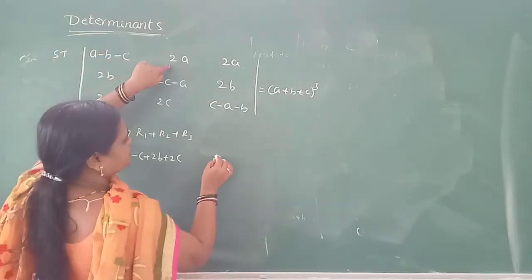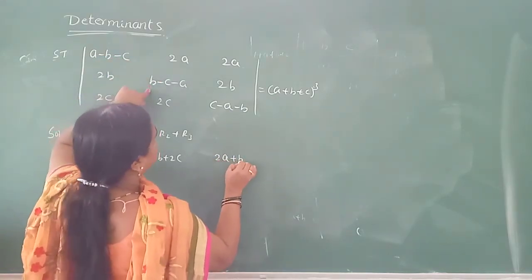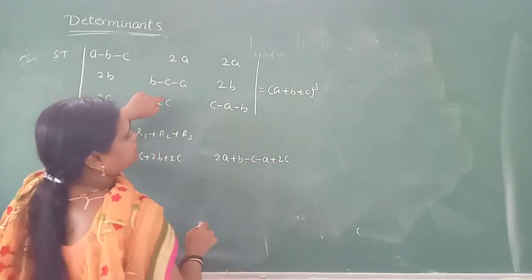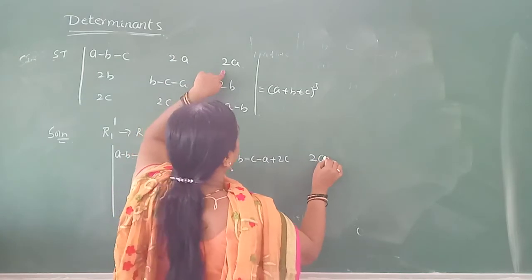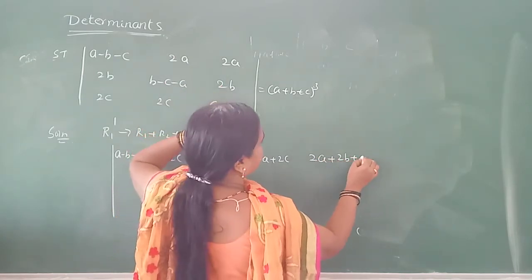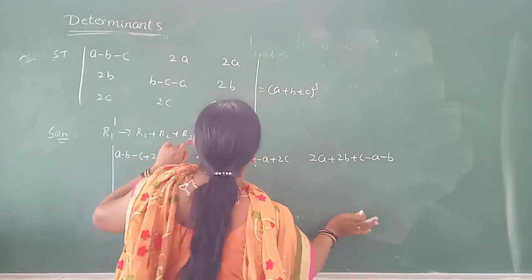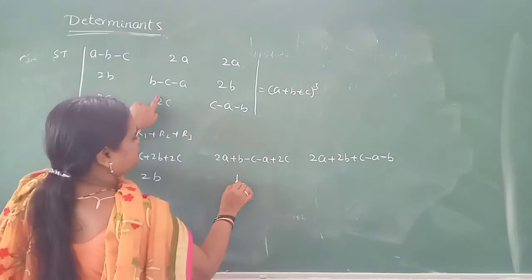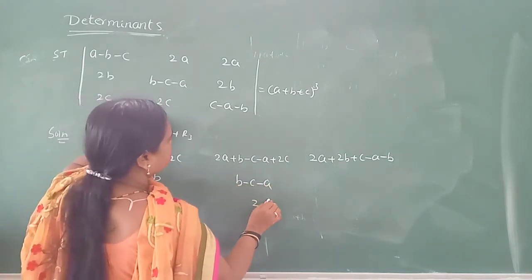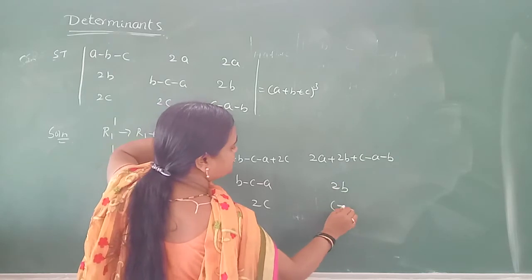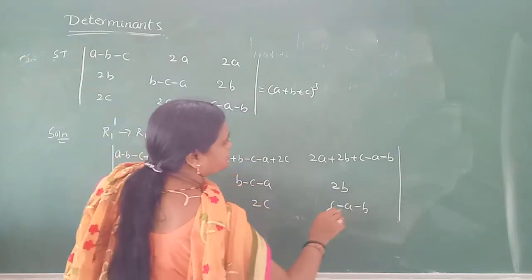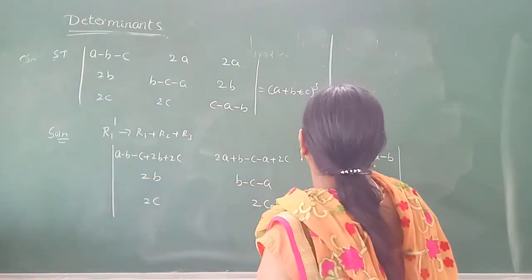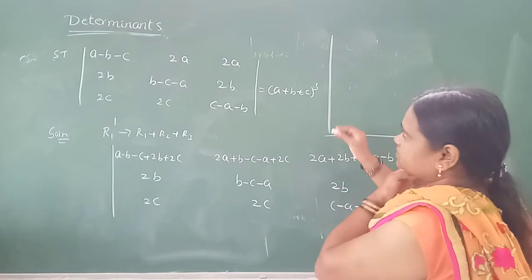There is no change. 2A plus B minus C minus A plus 2C. Next, 2A plus 2B plus C minus A minus 2B, 2C. B minus C minus A, 2C. 2B, C minus A minus C. Okay, we get the answer. Solution.